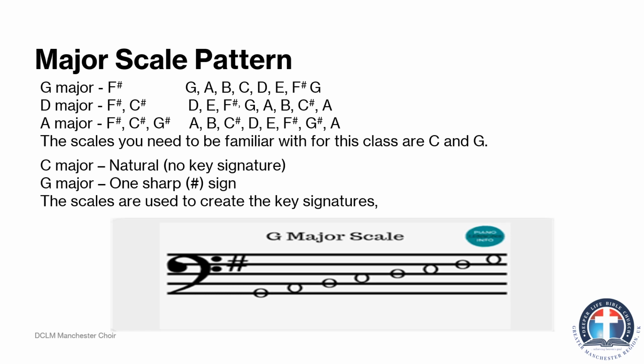The pattern of the major scales. Now, if we look at the G major, we have one sharp, and that one sharp is on F. So it is called F sharp.